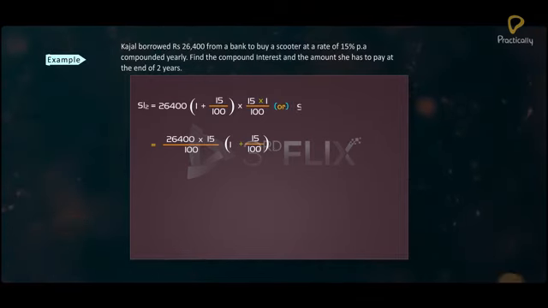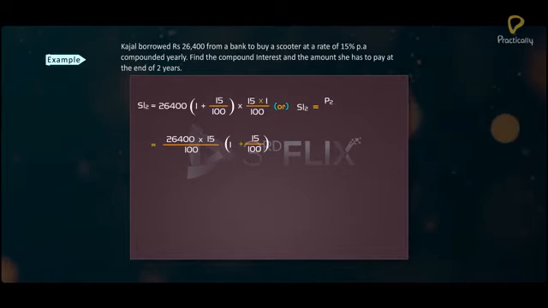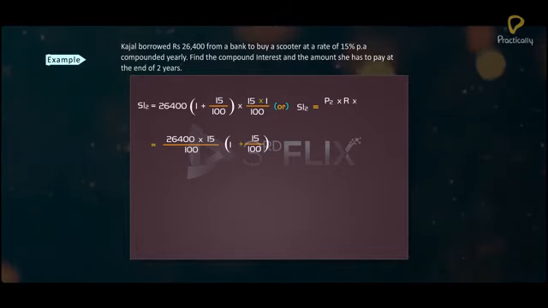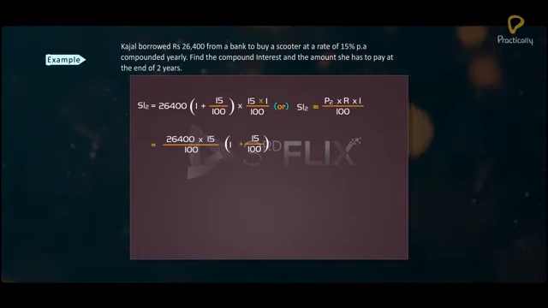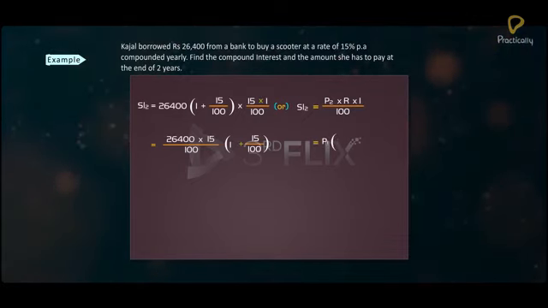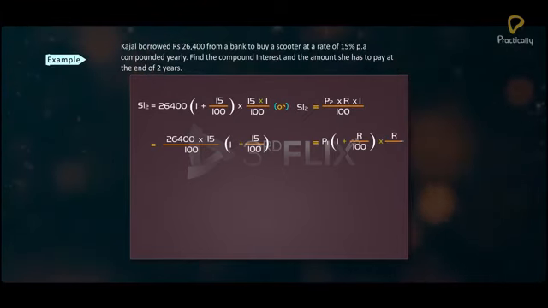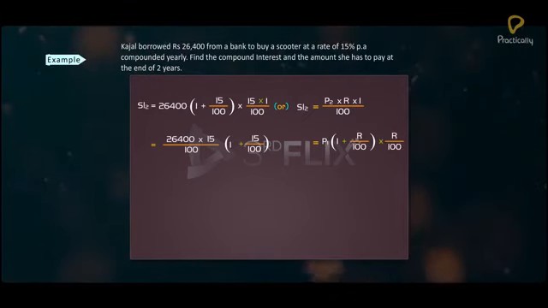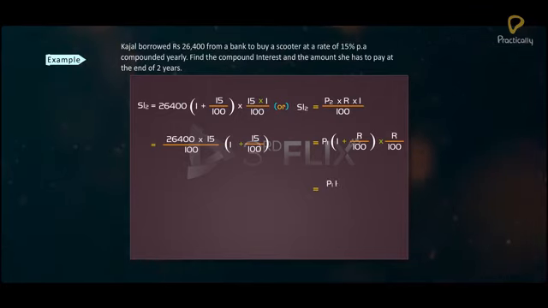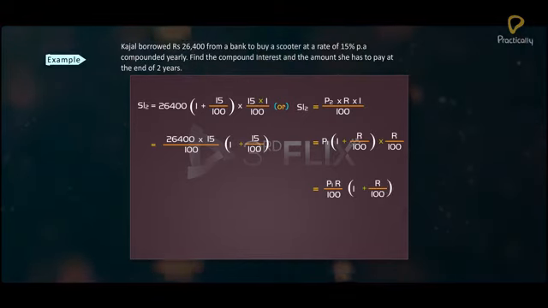It can be observed that SI2 is equal to P2 into R into 1 by 100. It is equal to P1 into (1 plus R by 100) into R by 100, which is equal to P1R by 100 into (1 plus R by 100).